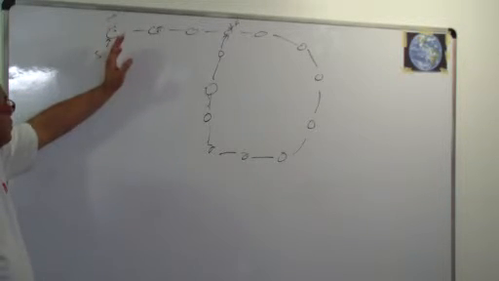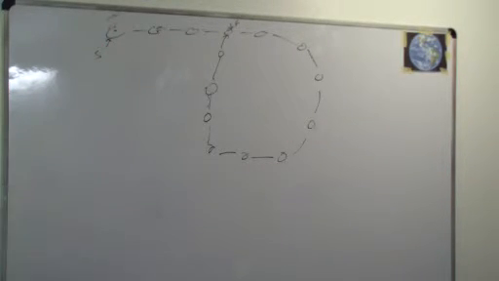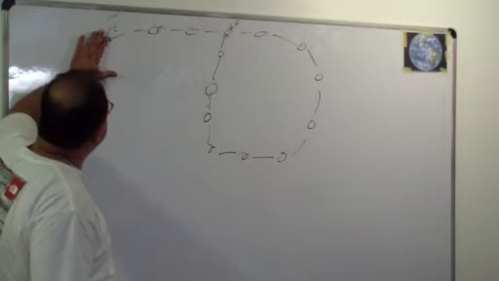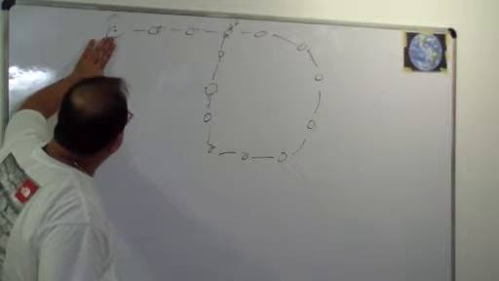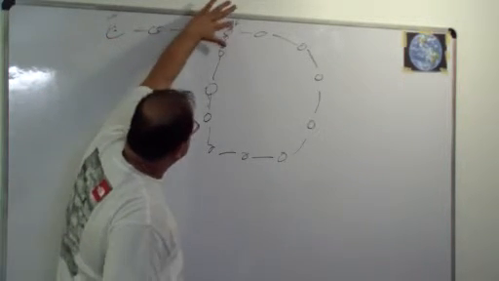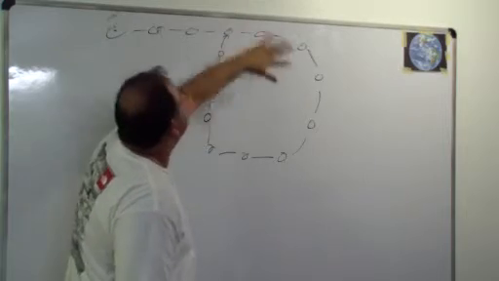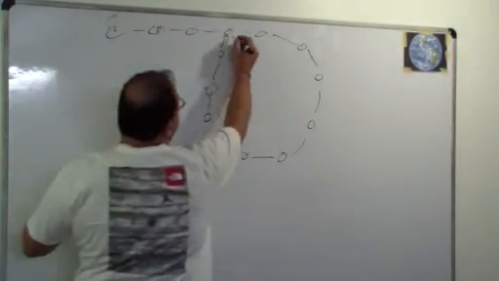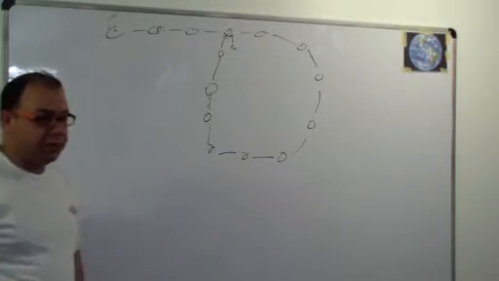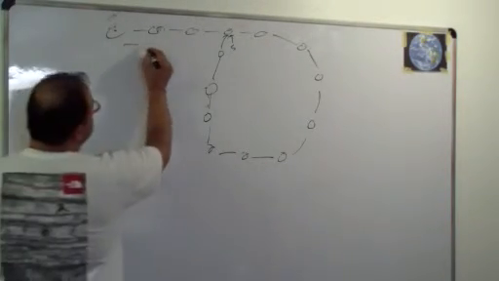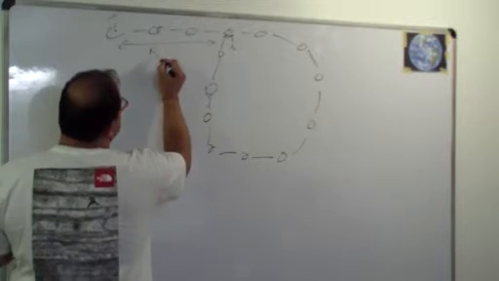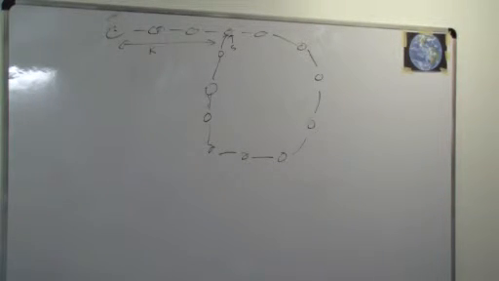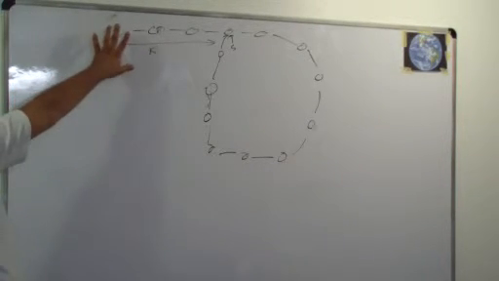Fast and slow both are moving together. At some point of time, slow will actually reach over here. Let's say this distance is k.